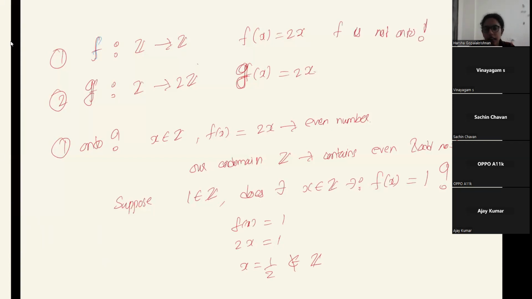Then any doubt in this one? First one, why f is not onto? Is that clear? Yes. Okay, now coming to the second one. Is g onto or not?